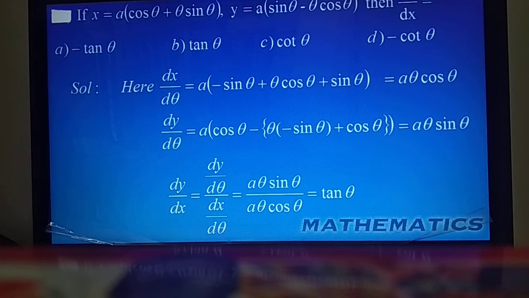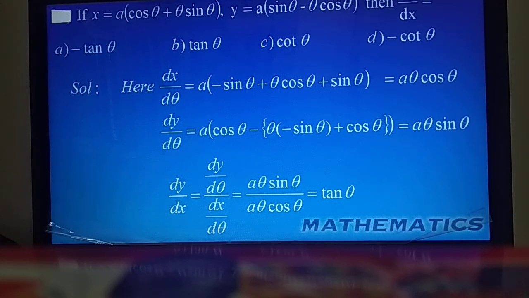There is no direct relation between x and y, because two separate equations are given. So x equal to a into cos theta plus theta sin theta, y equal to a into sin theta minus theta cos theta. The options are: a, minus tan theta; b, tan theta; c, cot theta; d, minus cot theta. We have to choose the correct option.